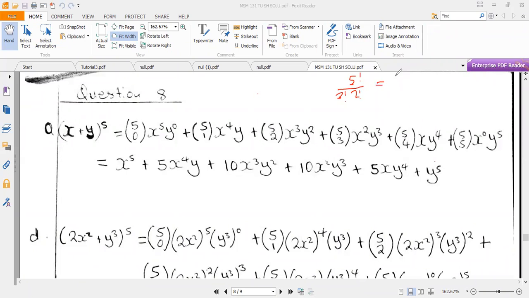So this is equal to 5 factorial, which is the same as 5 times 4 times 3 factorial over 3 factorial 2 factorial, isn't it, sir? So the 3 factorial and the 3 factorial will cancel. 2 factorial is 2. 2 into 4 is 2. So 5 times 2 is 10. I hope your question is answered, sir.